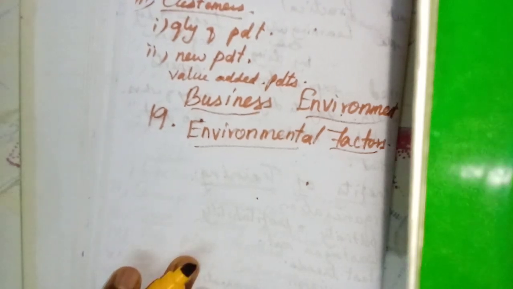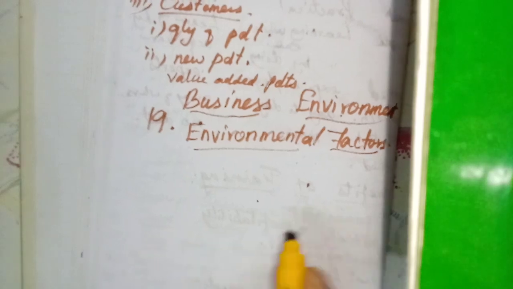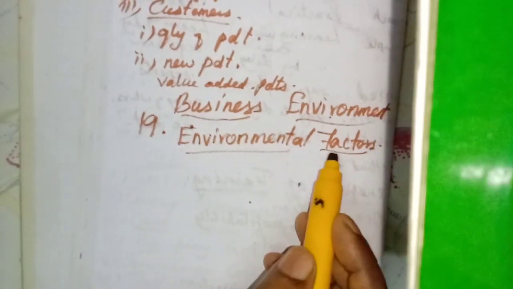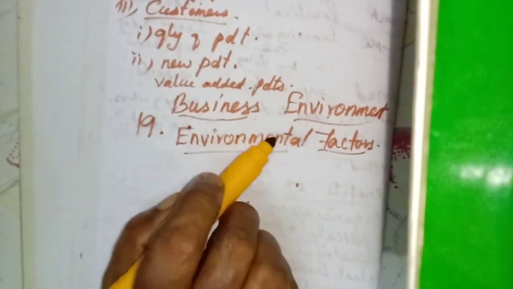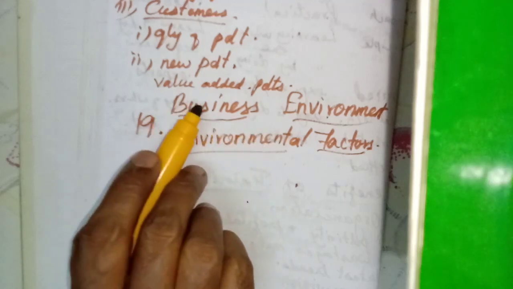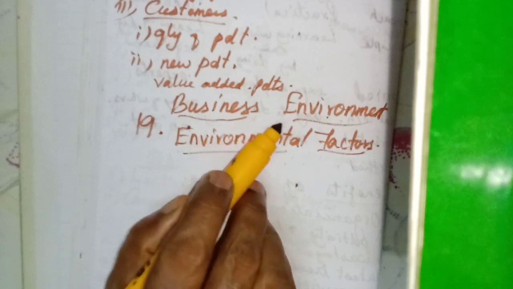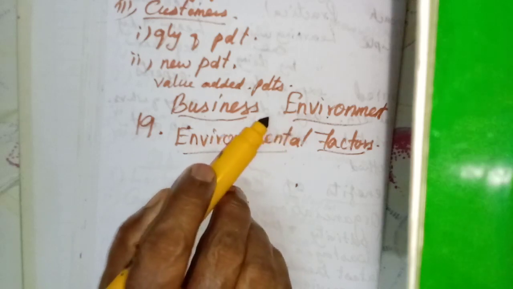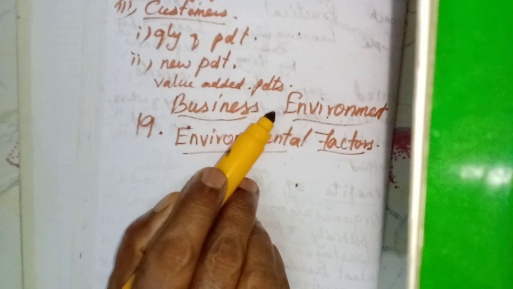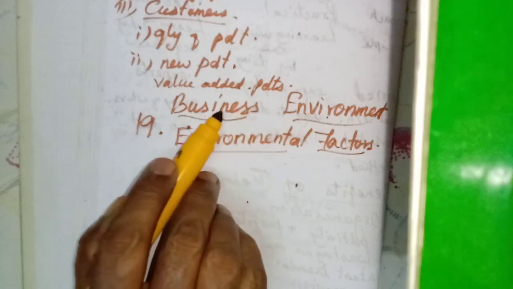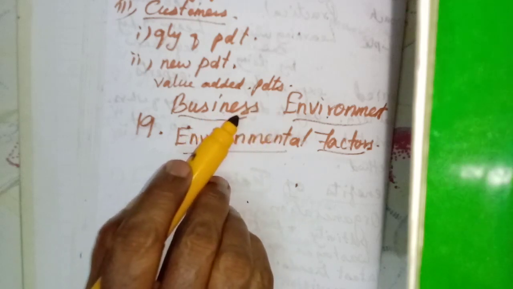The factors may be within the organization, which we can group under internal factors, and external factors, that we will learn later. But now to understand the meaning of business environment, you should know that many factors are available that give some impact on the business organization.